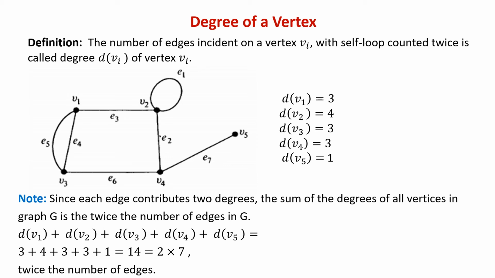There are 7 edges, and the sum of the degrees of all vertices is 14.